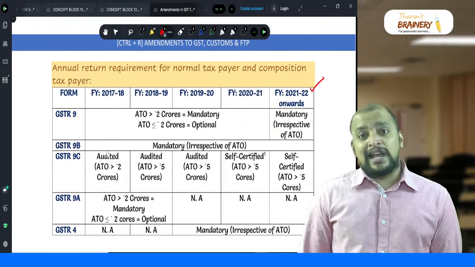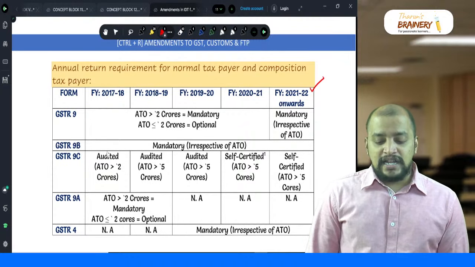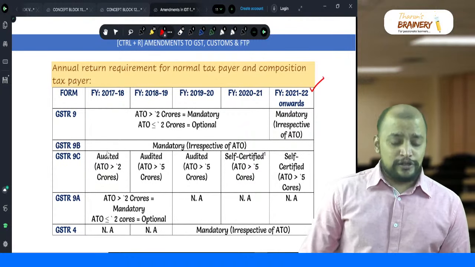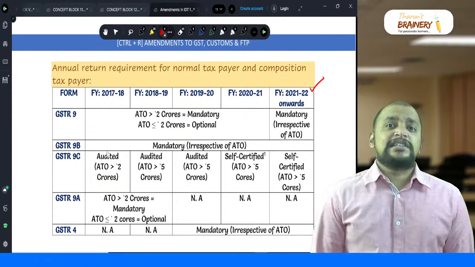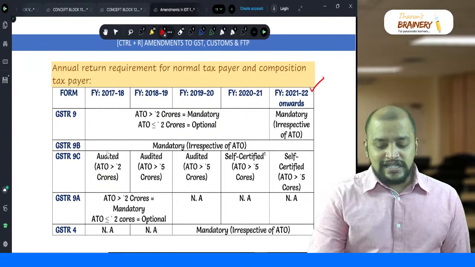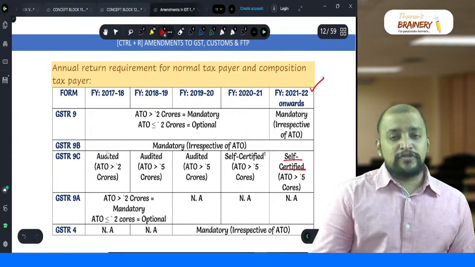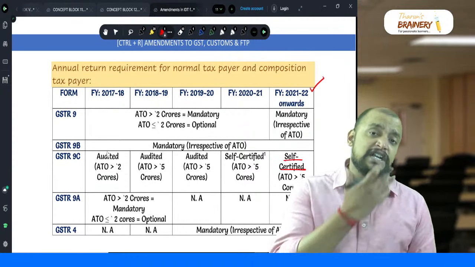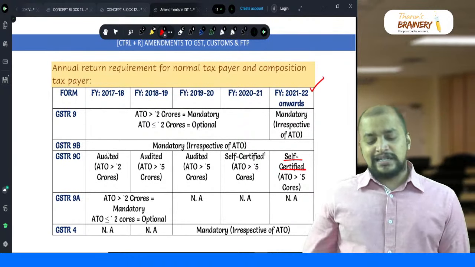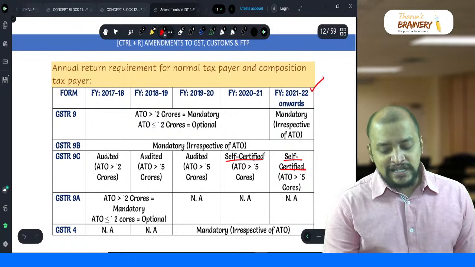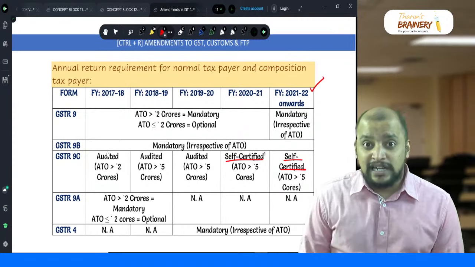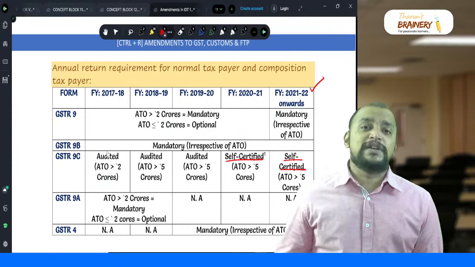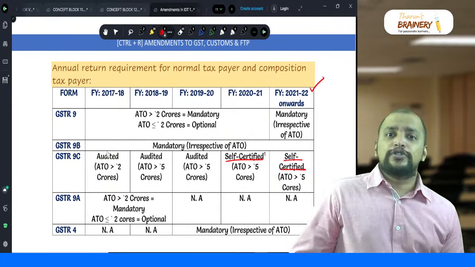Whereas GSTR 9B is to be filed by an e-commerce operator, so that is also mandatory. GSTR 9C was previously audited, but now it is self-certified, even for the 2021 financial year itself. But when is it required? Not when aggregate turnover exceeds 2 crores. Now the limit has been enhanced to 5 crores. So not 2 crores.